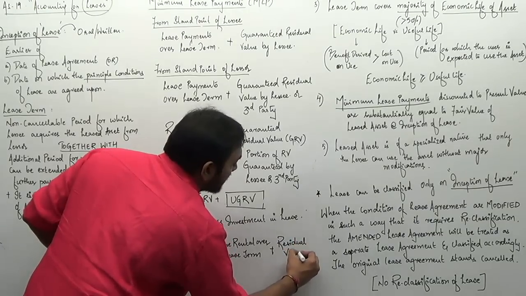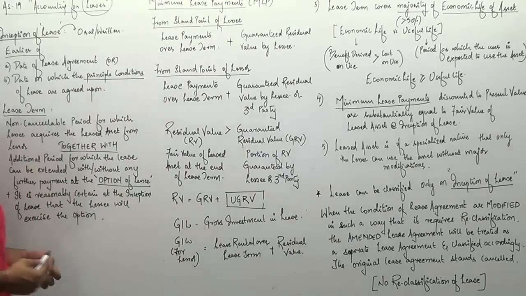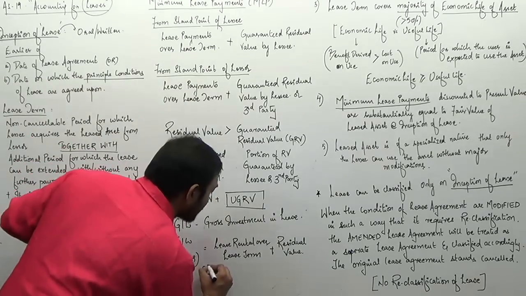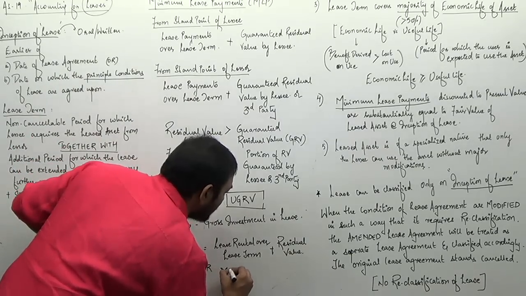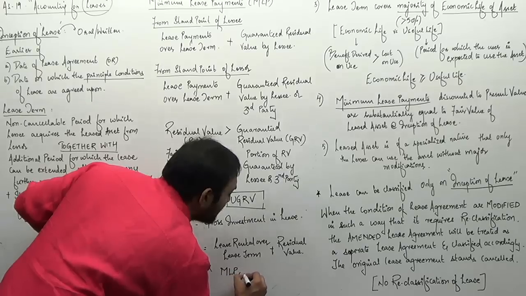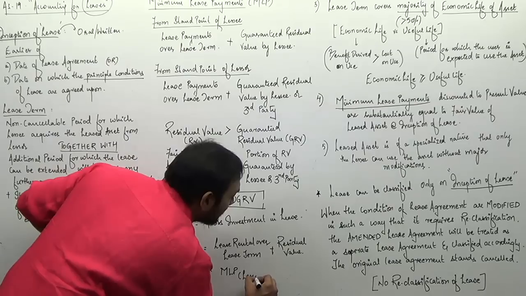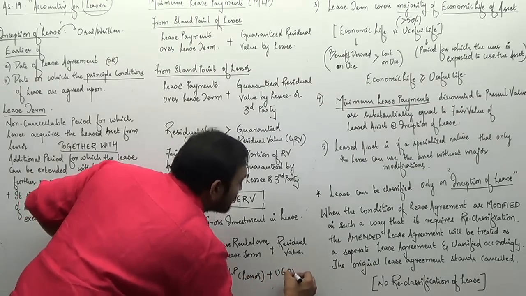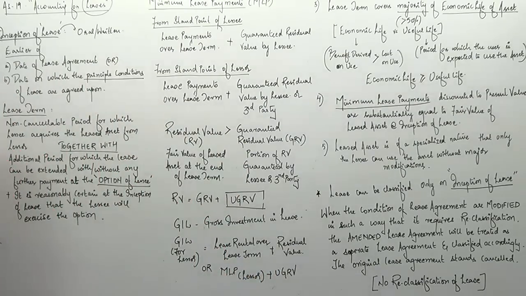Residual value is a combination of both GRV as well as UGRV. Actually, the formula can also be written as minimum lease payments from the standpoint of the lessor plus UGRV. Check, it should give you the same thing.